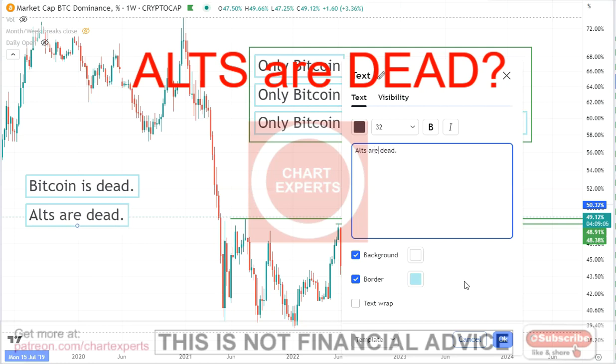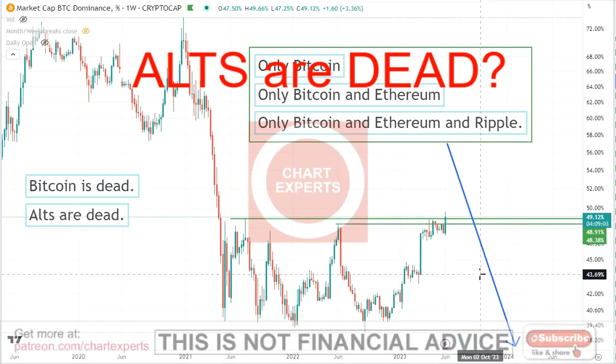So this paradigm that the alts are dead, come on. After Bitcoin was created, new versions of Bitcoin were created, then totally new scripts were created, and the evolution of that particular industry means that there is not a chance at all that alts are ever going to be dead.